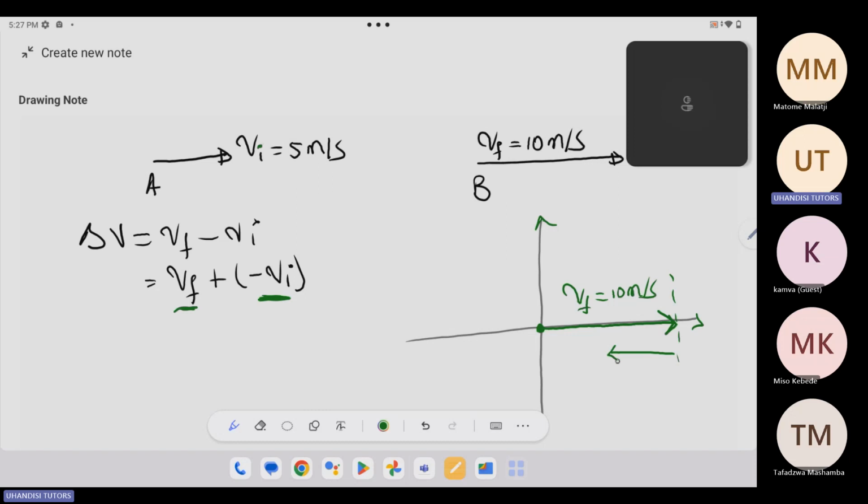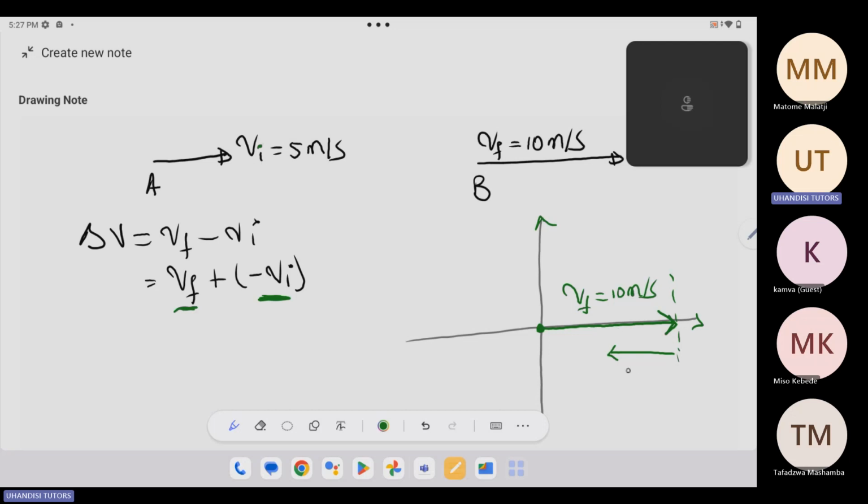So the length of the vector must correspond to the magnitude of the velocity. Look at my final velocity vector, it has a length of that, but my initial velocity vector, I made it shorter. Why did I make it shorter? That is because the final velocity is greater than the initial velocity. Hence, when I draw this on a motion diagram, I made it smaller.